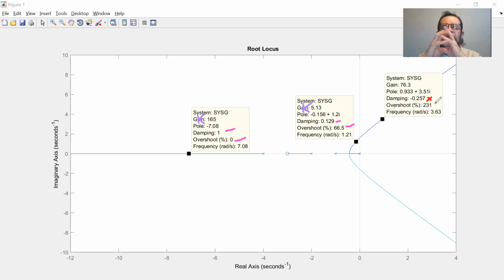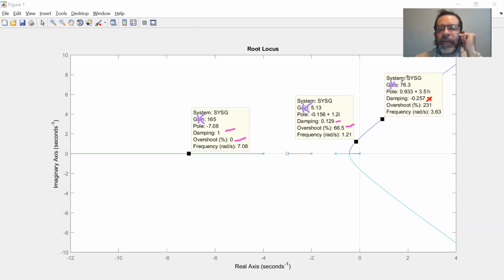Obviously, it's a system that doesn't have characteristics of stability. And again, the value of K is this value of gain that we have here. So the root locus can be really useful to locate these parameters and use as an analysis and a design tool.